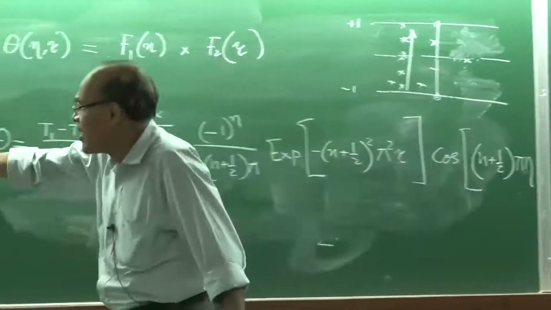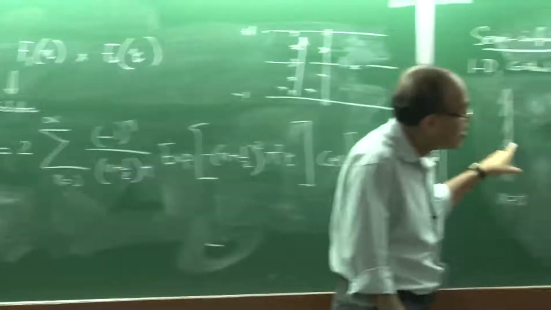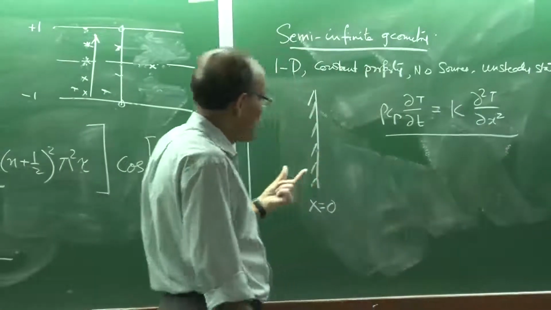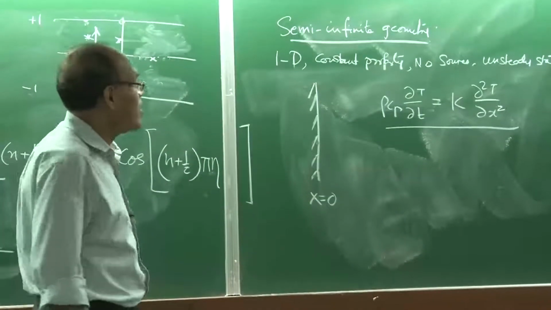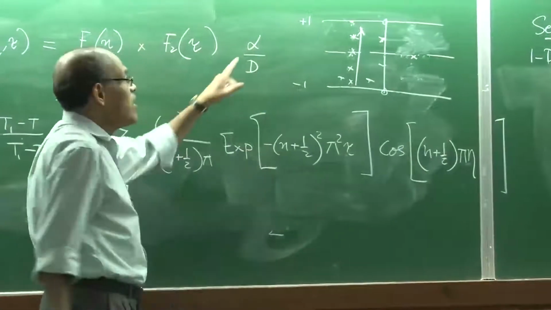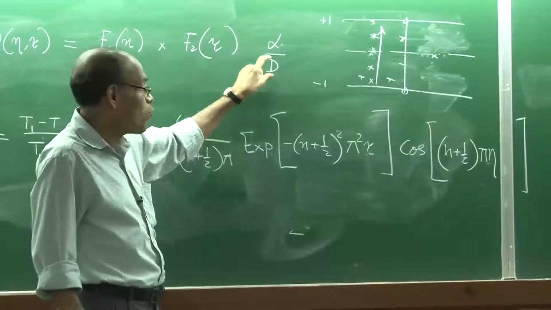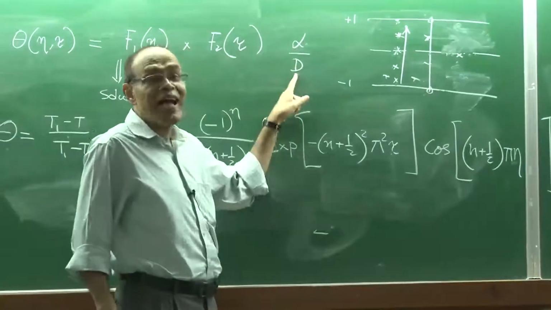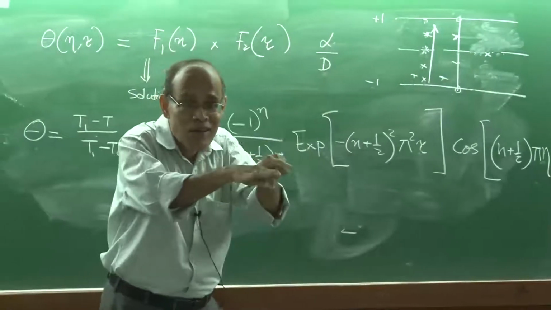So, the heat from here is not able to penetrate to the center, and the same philosophy applies here: heat from here is not able to reach there because the duration of the process is so short and the thermal diffusivity of heat is so low. By the way, you must note down that if you take the ratio of alpha to D, where alpha is the thermal diffusivity and D is the mass diffusivity, we will of course do mass transfer, but we must understand that alpha is larger by at least 2 orders of magnitude than D. So, heat is always advancing and mass is lagging.